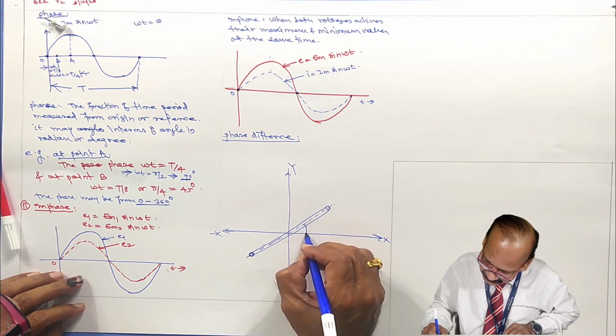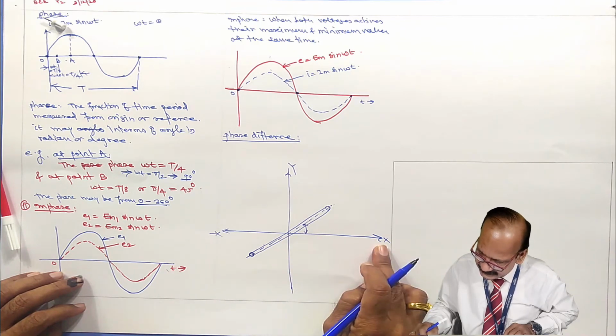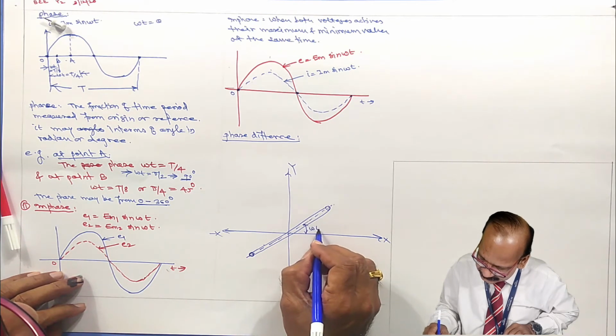Say its angle from the reference, x is the reference, is omega t.